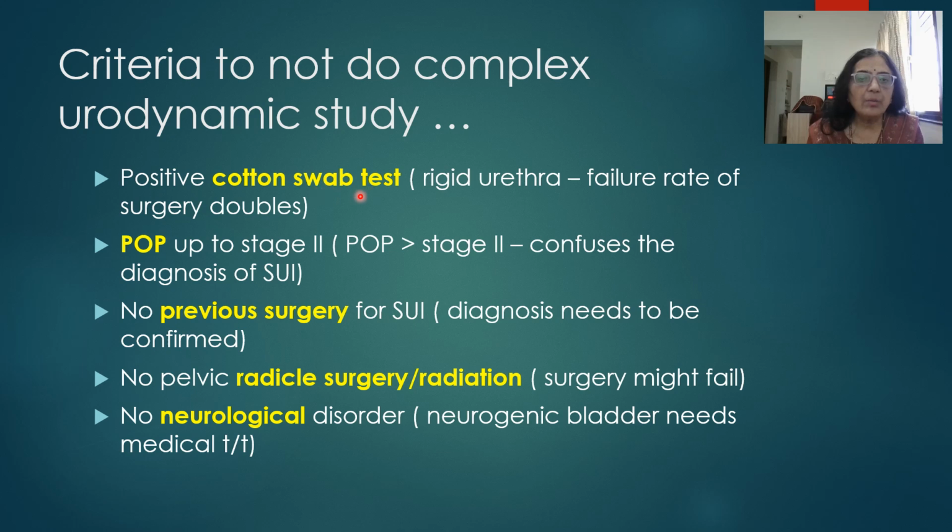They are not recommending use of this cotton swab test to decide whether to proceed with urodynamic study or not. Pelvic organ prolapse, if it is up to stage 2, there is no need to do complex urodynamic study.